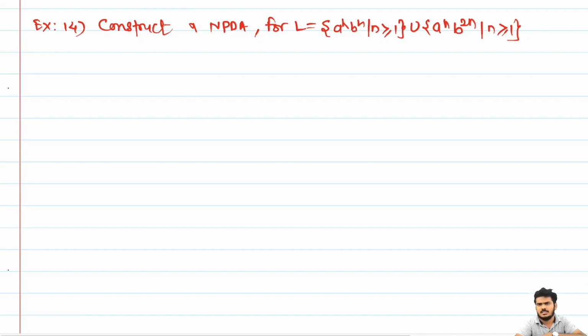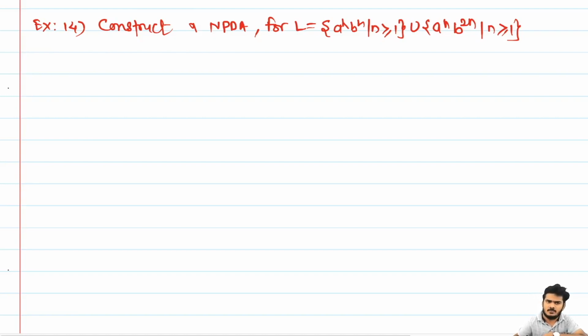But in this case, the union is present. Whenever a union of two languages is there, it is not a deterministic context free language. So we are not able to design a deterministic PDA for this one. So we will try designing a non-deterministic PDA for this one.